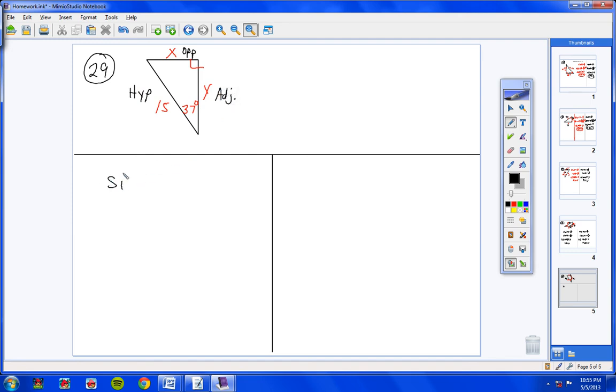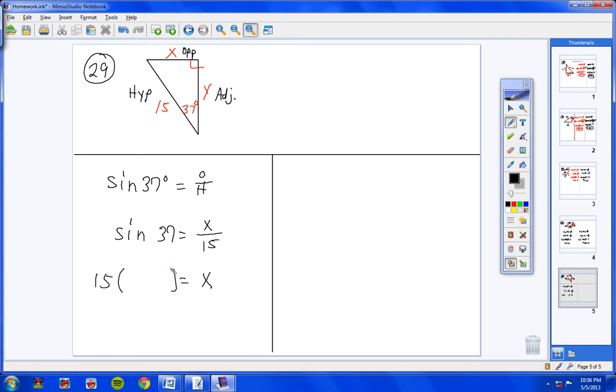Okay, here we go. Sine of 37 degrees equals opposite over hypotenuse. Sine of 37 degrees equals opposite, which is x, over hypotenuse, which is 15. Now multiply the right side by 15. Your 15s cancel out, leaving you with x. Multiply the left side by 15. 15 times the sine of 37.